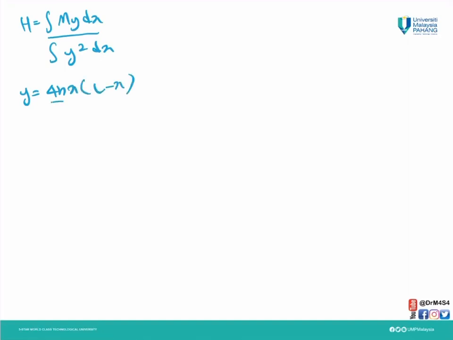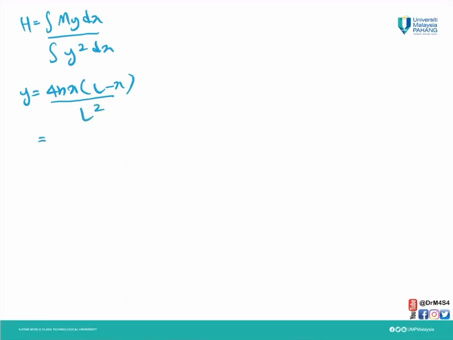Refer back to our previous notes. We know the formula for H is integration of moment y dx divided by integration of y square dx. So we need to find our y. The formula for y is 4 times h times x times L minus x divided by L square.